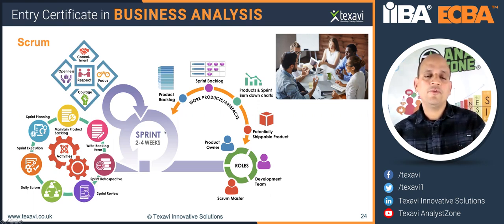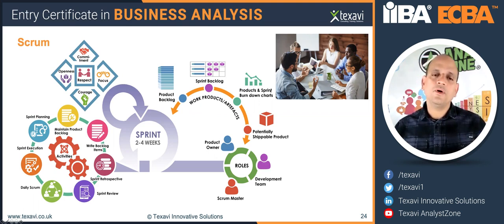You would perform the role, but you're expected to work as a team member. You're not a business analyst in Scrum; you're still a team member. A developer is a team member, an architect is a team member, and all of these people bring what they do as part of their role onto the table.